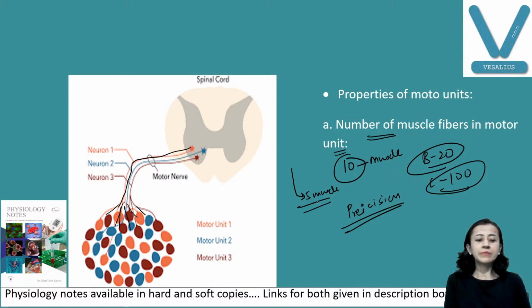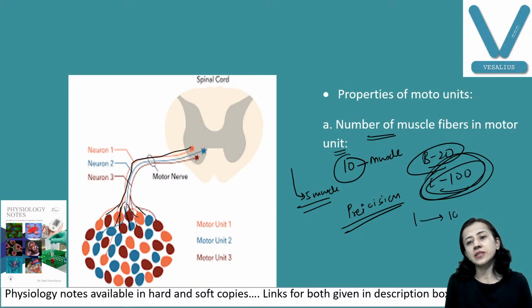But if I am sitting or standing, in the postural muscles less precision is required, so one nerve fiber supplies 100 muscle fibers. Fine. So that is one, the number of muscle fibers in the motor unit.